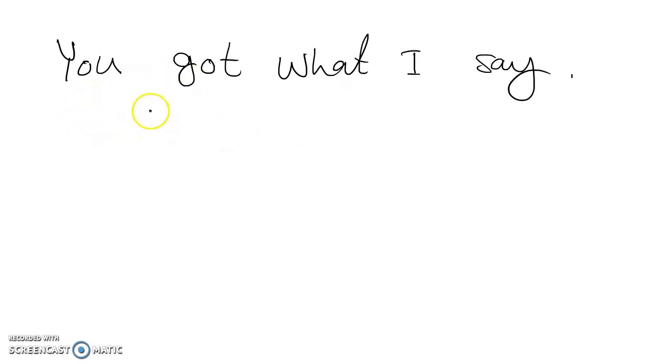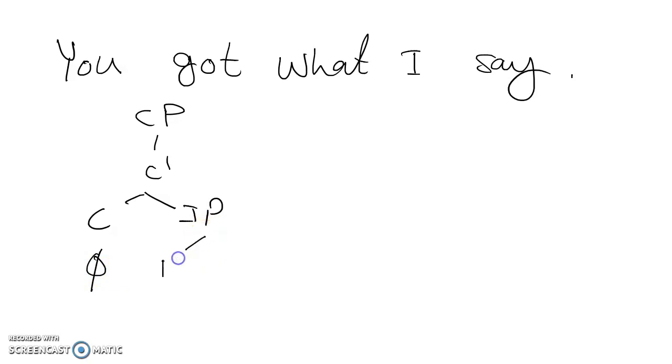So simply I'll say, again, CP, C bar, C, and an IP. Now I have nothing to start my sentence with, no complementizers. So again, here I have nothing. Now for the IP, I have DP and an I bar. This DP is the word you.